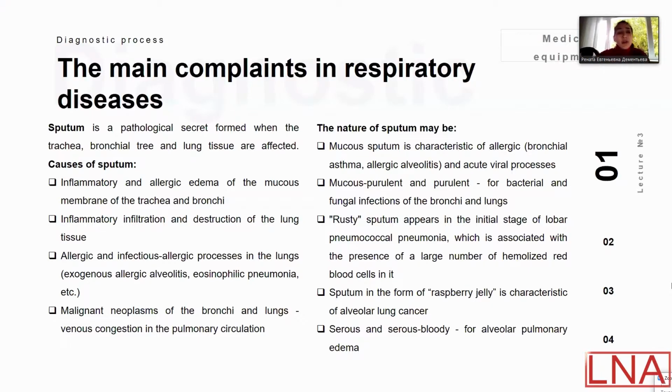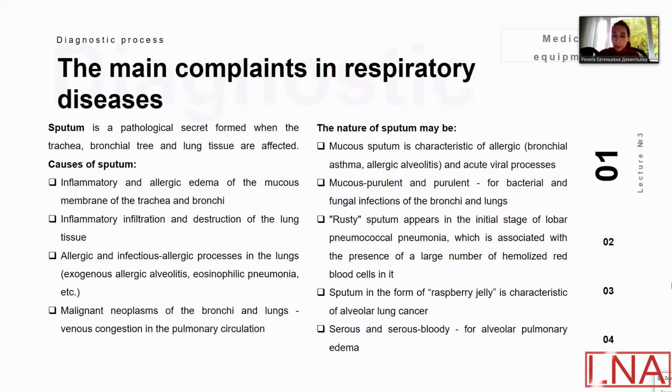So, causes of sputum: inflammatory and allergic edema of the mucous membrane of the trachea and bronchi; inflammatory infiltration and destruction of the lung tissue; allergic and infectious-allergic processes in the lungs, like exogenous allergic alveolitis and eosinophilic pneumonia; malignant neoplasm of the bronchi and lungs; and venous congestion in the pulmonary circulation.